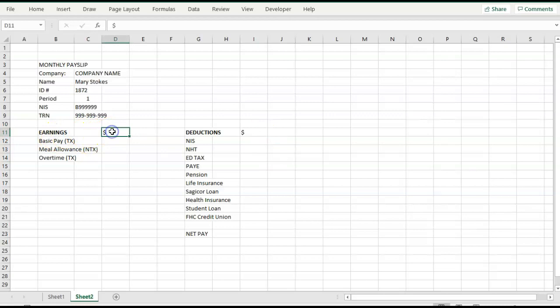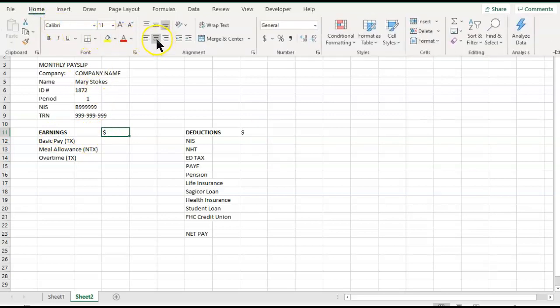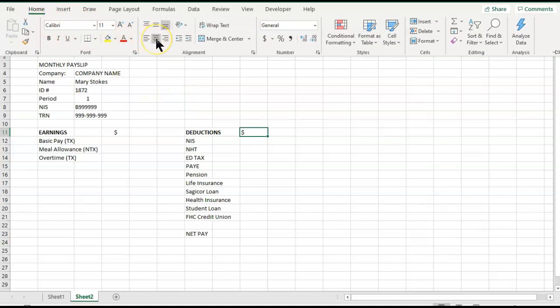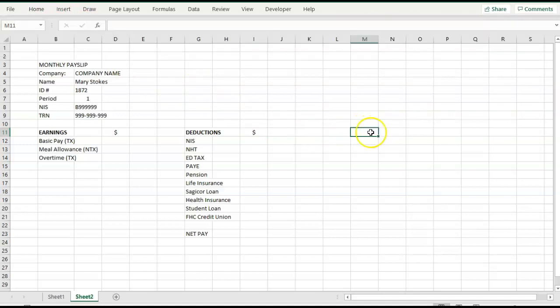Now the payslip only reflects the employee's information, but I am going to create an additional column over here so I can reflect the employer's contribution.